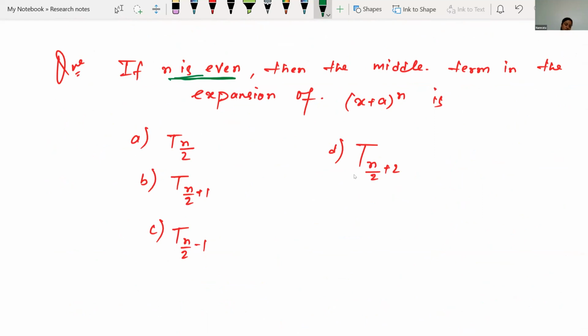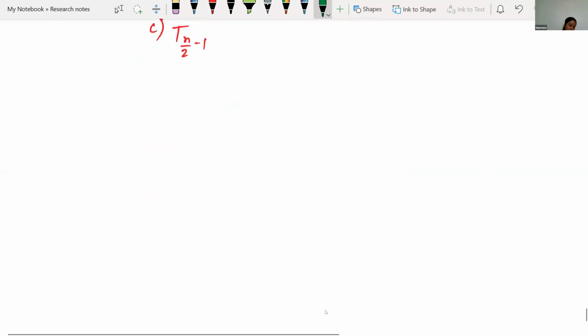B, right? Because when n is even, this is the formula for finding the middle term. There will be only one middle term, that is the (n by 2 plus 1)th term. And t of n by 2 plus 1 represents the (n by 2 plus 1)th term only, right? Yes, ma'am. Let's take the next question.